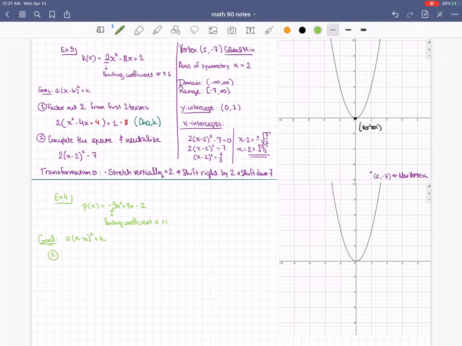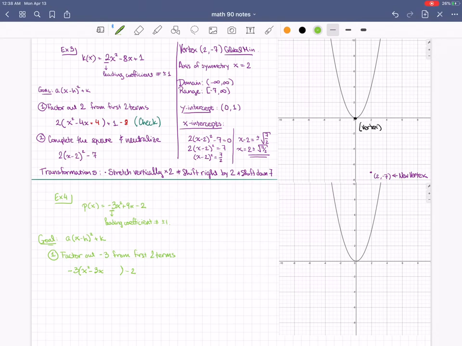Just like in the previous example, we're going to start by factoring the leading coefficient, which is -3, from the first 2 terms. So we get -3 times x squared minus 3x. Then I'm going to leave myself a space here, and then minus 2.